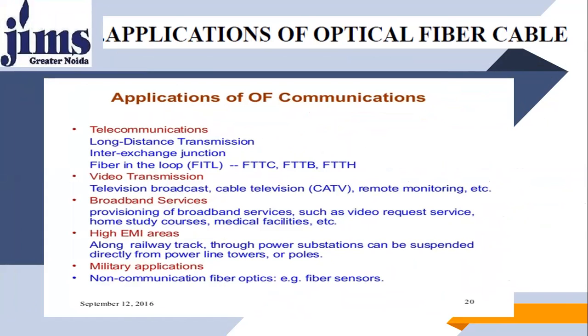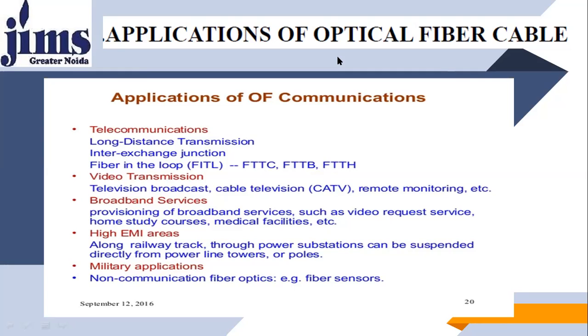Broadly, we have certain areas where optical fiber communication is used. Number one is telecommunication: long distance transmission, inter-exchange junctions, fiber in the loop, video transmission, television broadcast, cable television, remote monitoring, etc. Then broadband services, such as video request service, home study courses, medical facility, etc. Then high EMI areas.